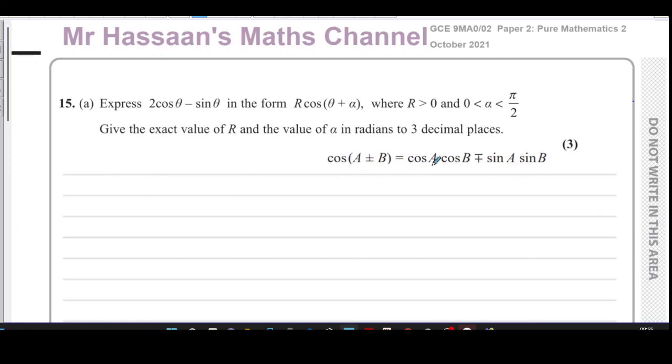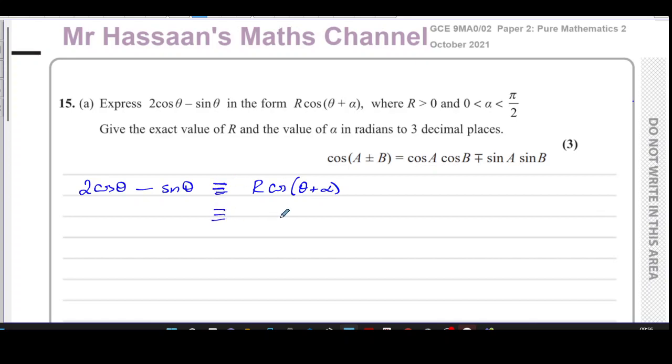So we're going to use this pattern here to expand this. What I'm going to do first, I'm going to say, okay, I know that 2 cosine theta minus sine theta, I want to express it in the form r times cosine theta plus alpha. This is like an identity. I want it to be identical to this.